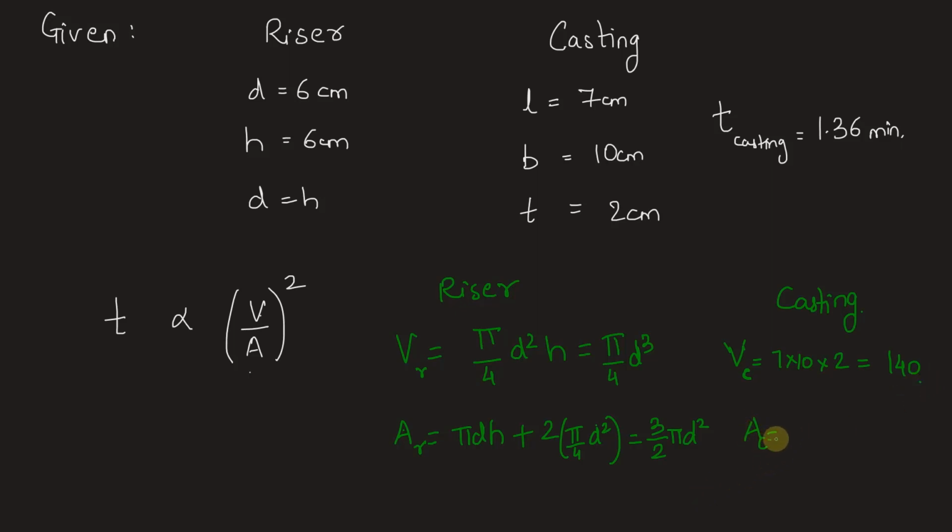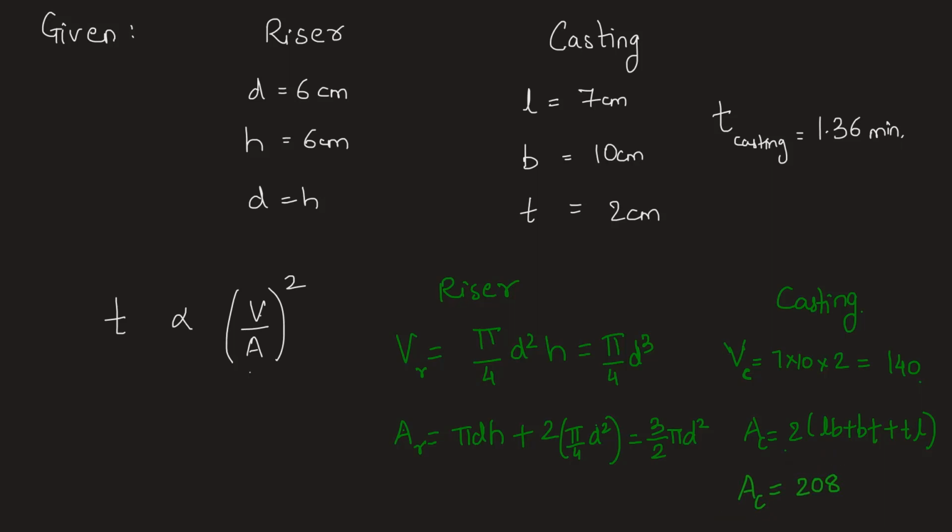Surface area AC will be the surface area of the rectangular plate, which is 2 into length into breadth plus breadth into thickness plus thickness into length, adding the surface areas of all the surfaces individually. This turns out to be AC equal to 2 into. After substituting L, B and T, we have the value of surface area as 208 square units.